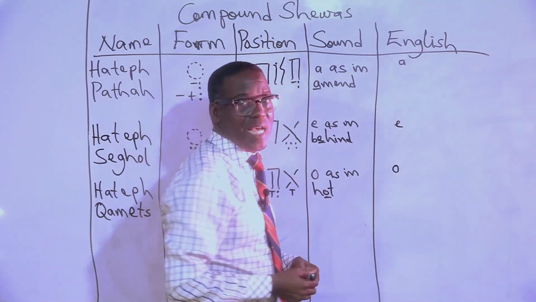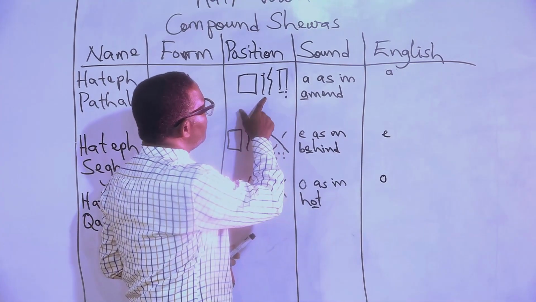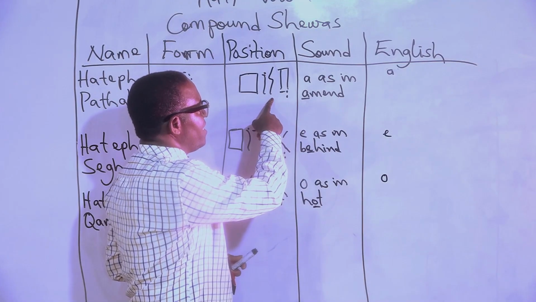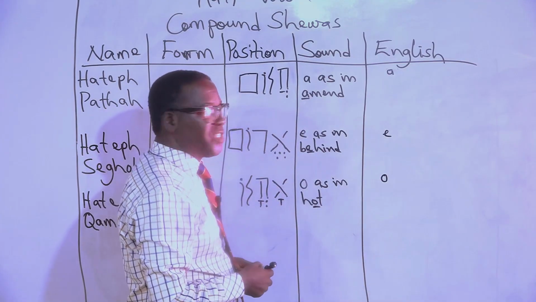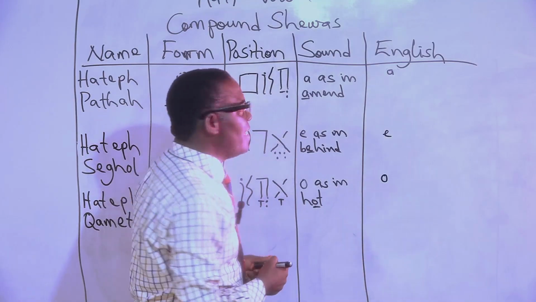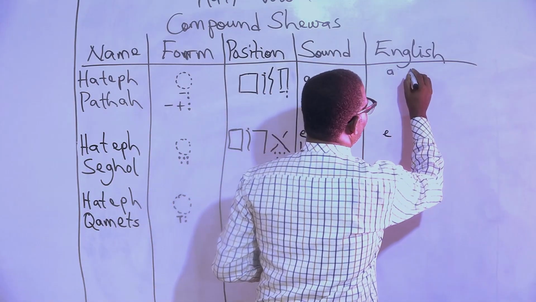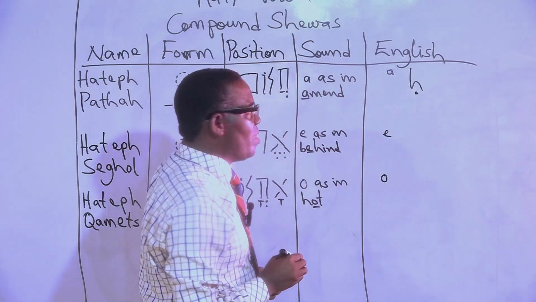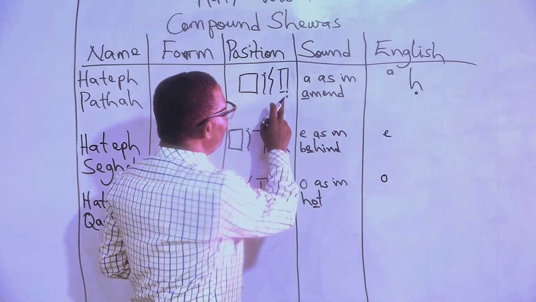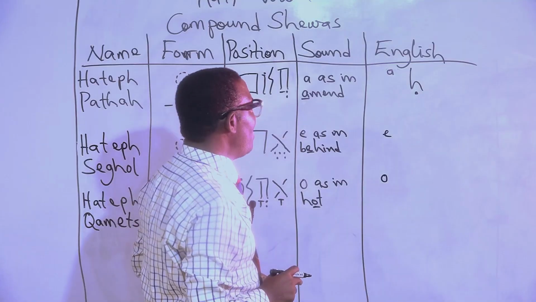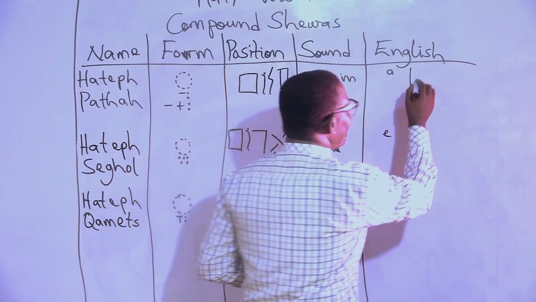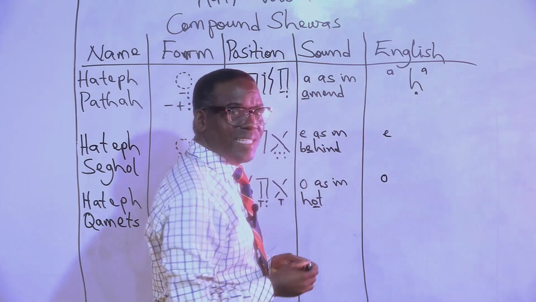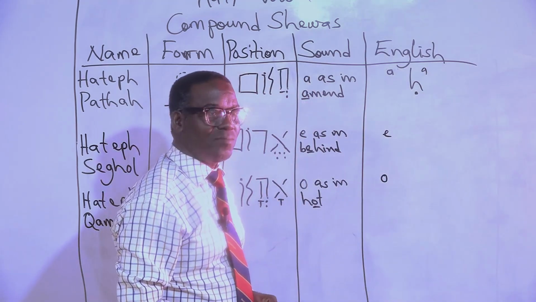But in order to show you that, I want to do the transliteration of this word. That means I want to change this word now to English letters. So the first one is het, which is represented with English H and a dot below it. Then we come to Hateph Patah. It is written like this to show that it is a half vowel.